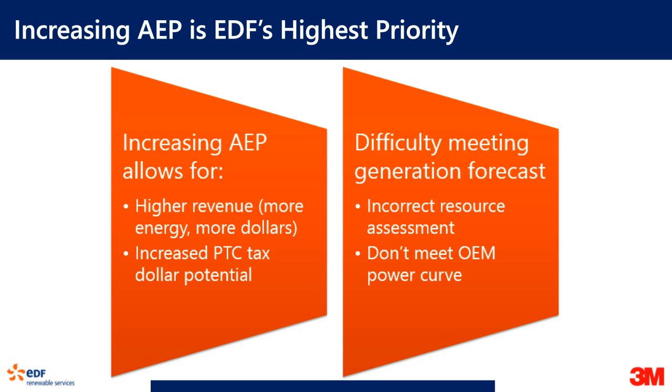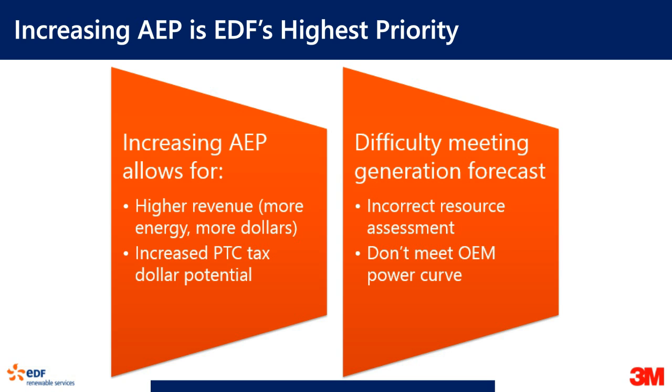You may ask, why do sites have difficulty meeting generation forecasts? One reason is the PTC. Over time, the government has phased it in and out, and this has caused, in some cases, development of wind farms to be fast-tracked. Within that fast track, sometimes we don't do proper resource assessment.